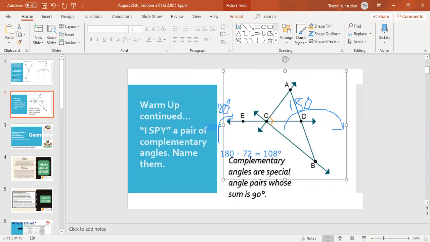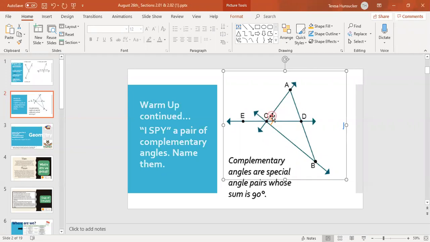Let me see if I can erase all this. Okay. So can you find a pair of angles whose sum is 90 degrees? They're complementary.